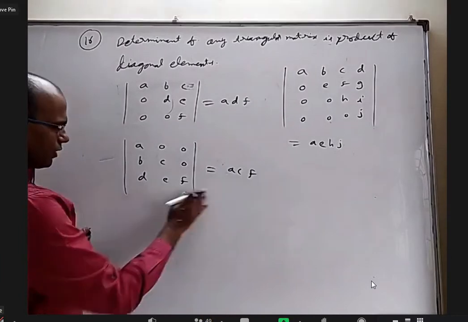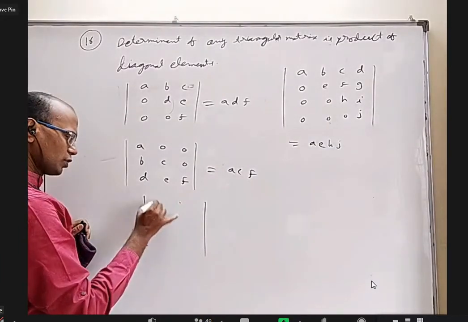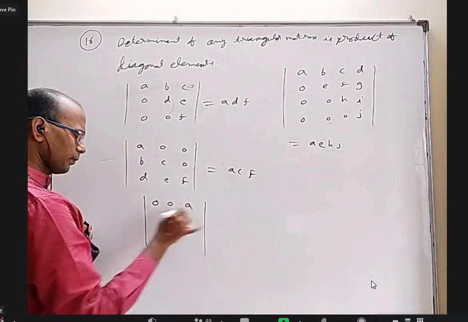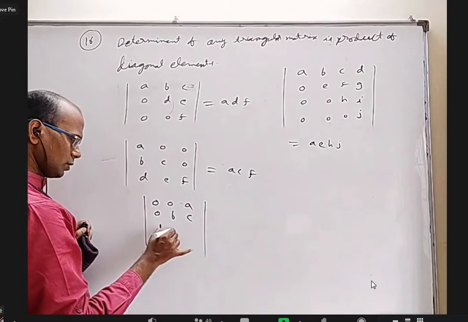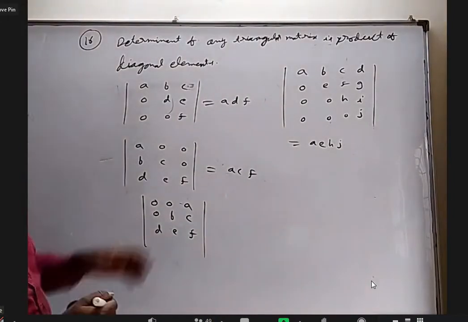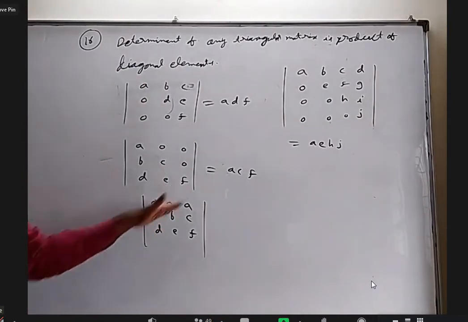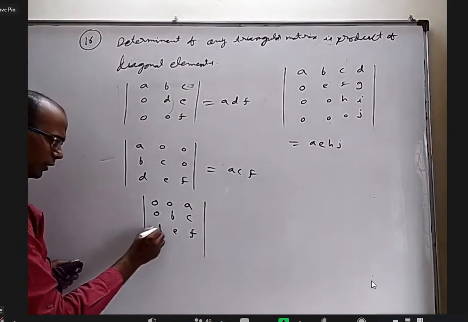We don't have any name for this matrix, but it can be the other way also. That is, I have 0, 0, A and 0, B, C and D, E, F. We don't call this an upper triangular matrix or a lower triangular matrix because we only take diagonals like this. We don't take this as a diagonal. But for this, I feel the answer is the negative of this.